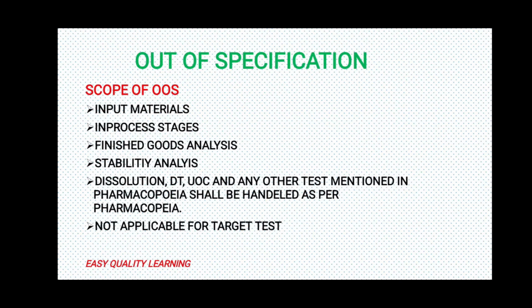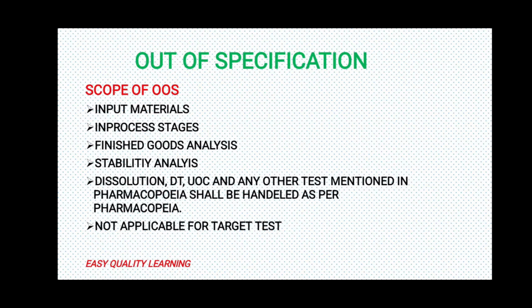Where it is not applicable: it is not applicable to pharmacopoeial tests, where it is mentioned how to handle out of specification results in the pharmacopoeia. For example, DT, uniformity of content, and dissolution. It is already given that if you have a failure at the S1 stage, or one tablet failing in DT, how you need to handle that.